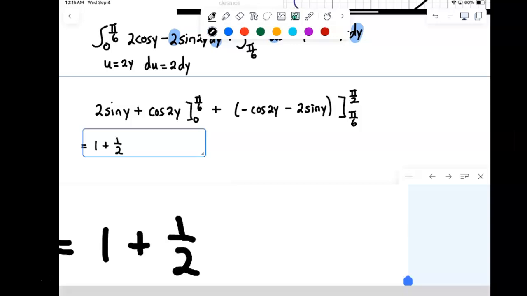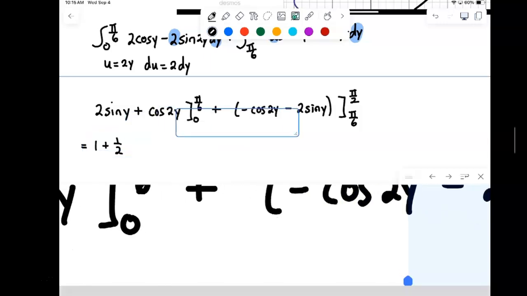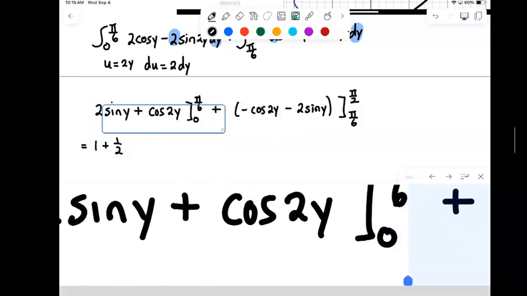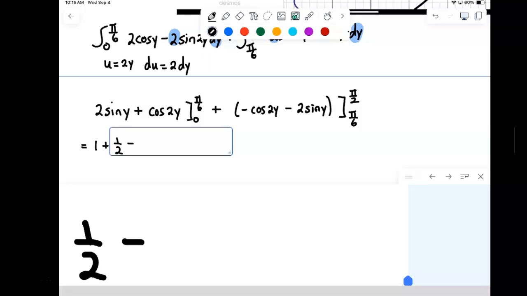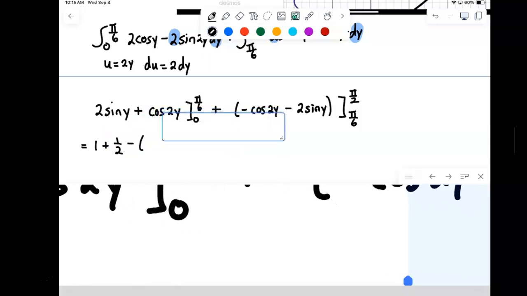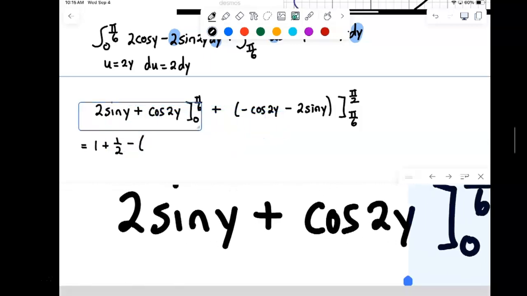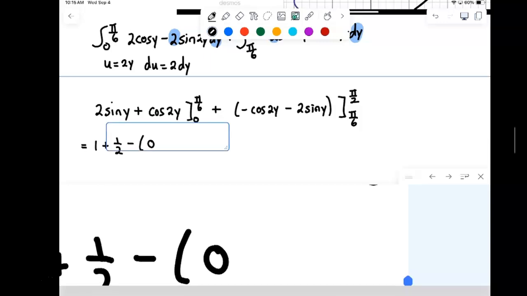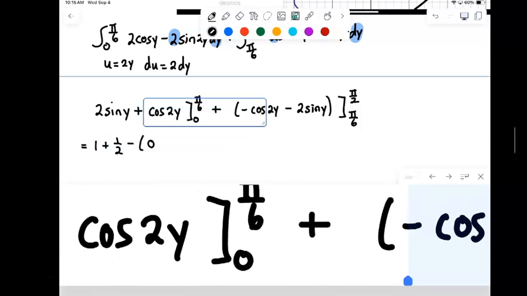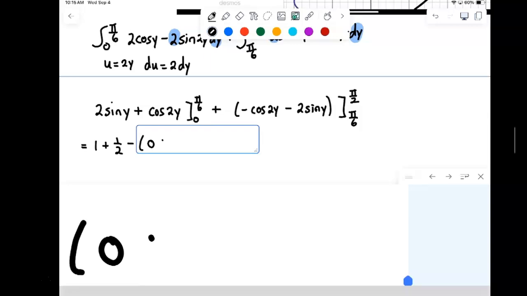And then we plug in 0. So minus, plug in 0. Sine of 0 is 0. Cosine of 2 times 0 is cosine of 0, which is 1. So at this point I have 1 plus 1/2 minus 1.